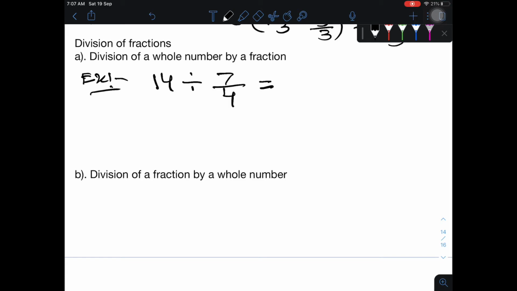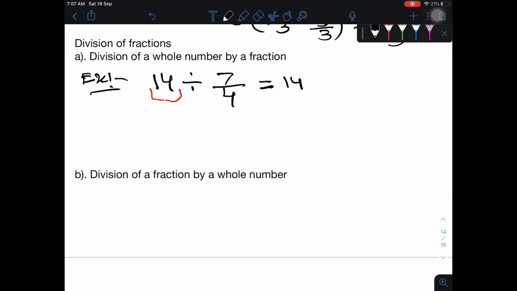First, whatever number is written first, here 14 is written first, write it as it is, 14, and write the reciprocal of the second number, meaning the divisor.